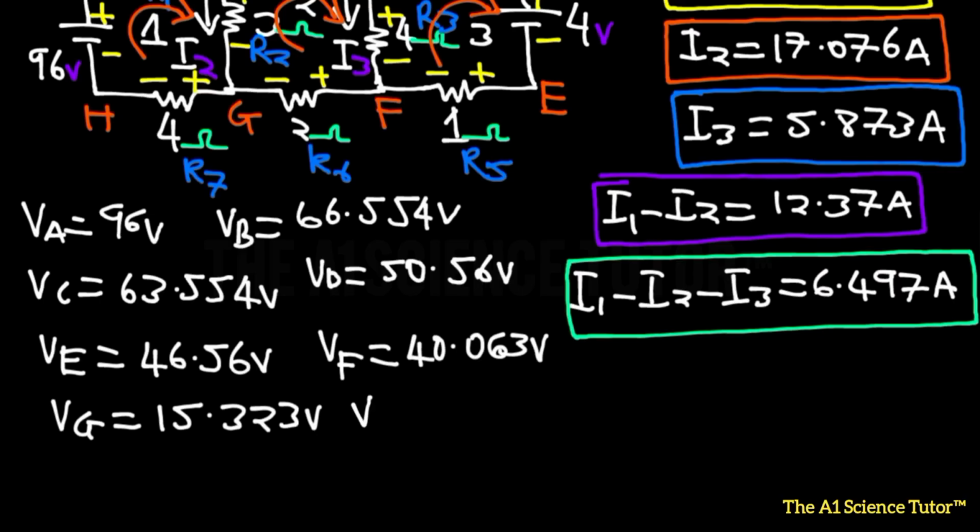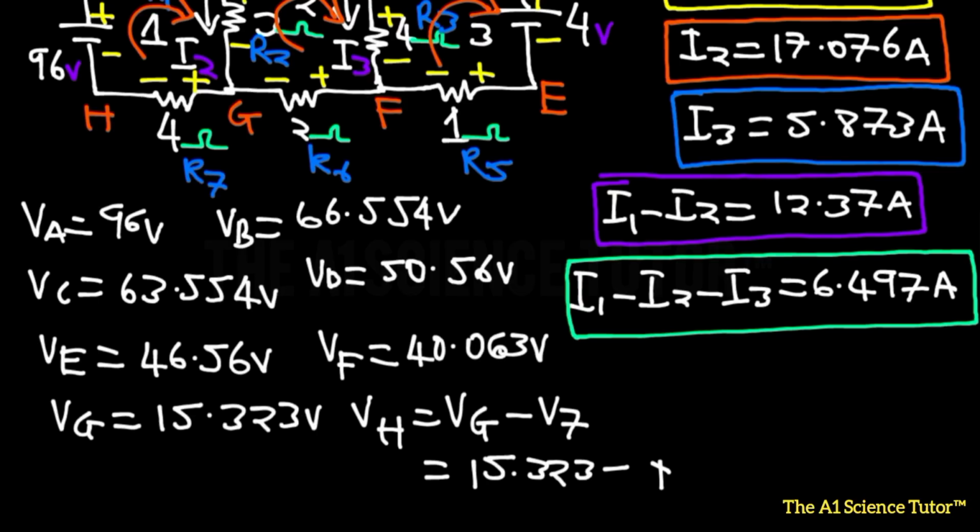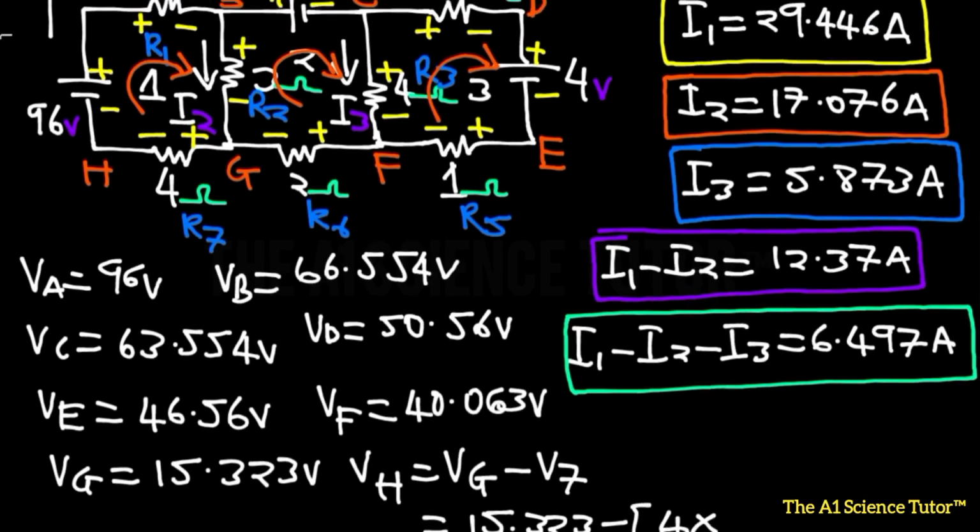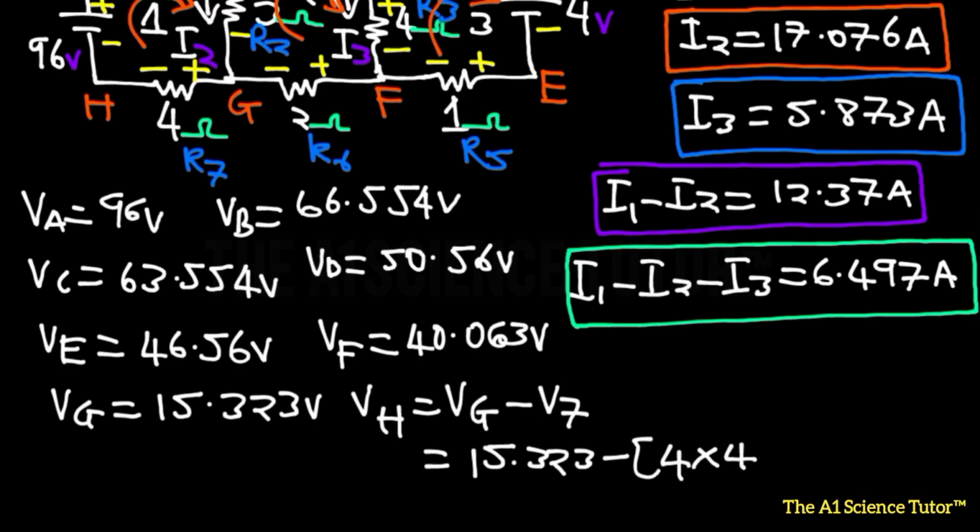Now what about the last one? What is going to be the potential at point H? That has to be VG minus V7. That is the voltage wasted over the 7th resistor. You should subtract that from VG. So this is going to be 15.323 minus 4 multiplied by I1. Now I1 is 29.446.